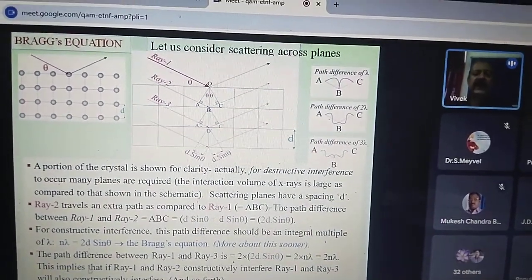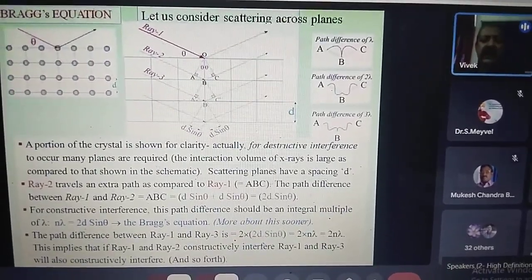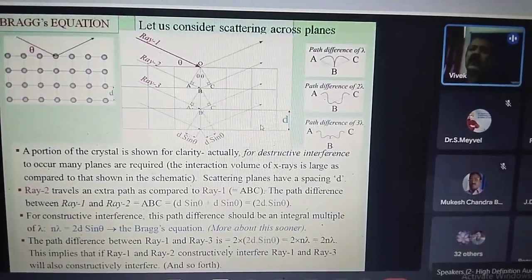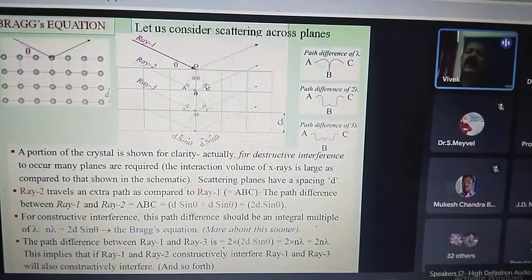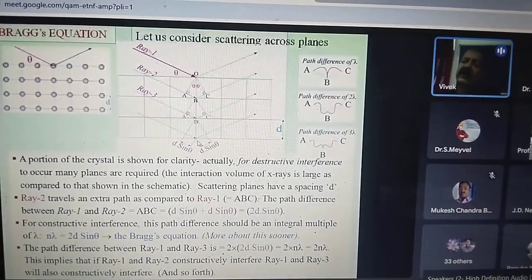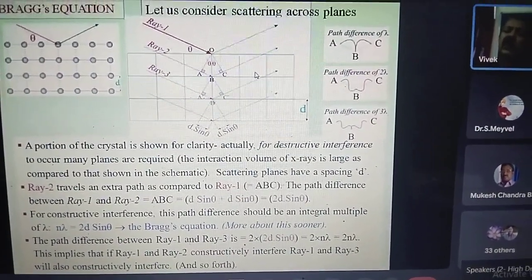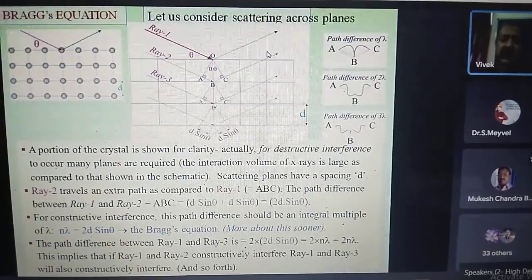This implies that if ray 1 and ray 2 constructively interfere, ray 3 will also constructively interfere, and so on. If it contains one wavelength, then it has to contain 2 wavelengths, 3 wavelengths, and so on. Because it is a constant interplanar spacing, they will constructively interfere.